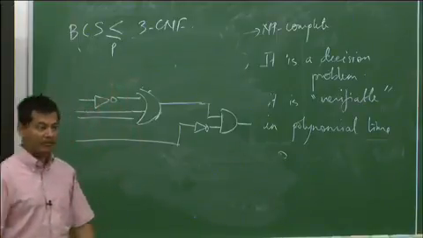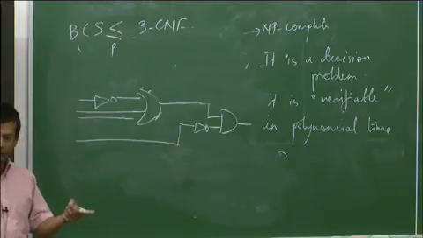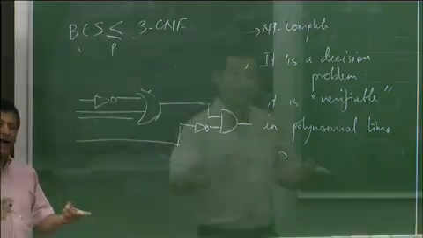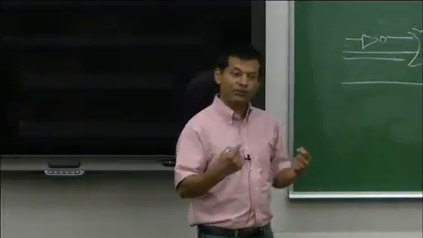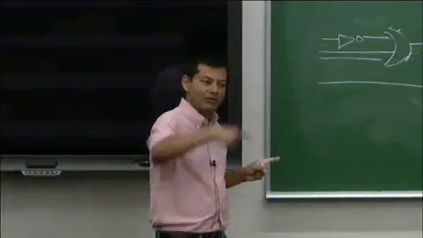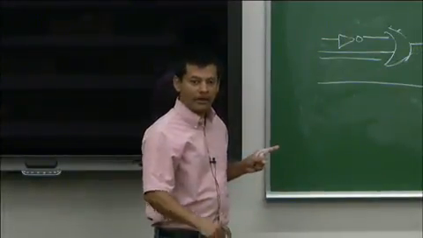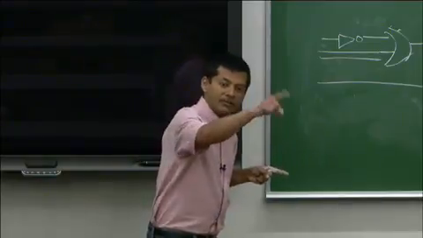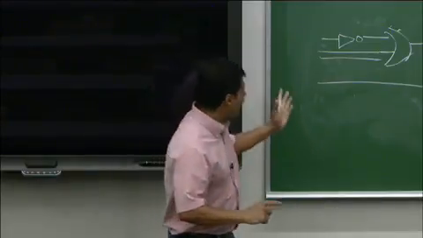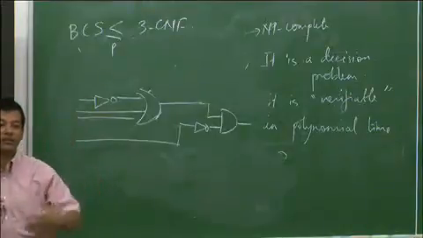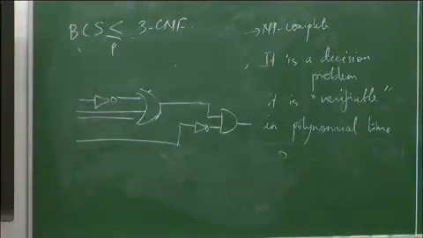This is going to lie in the 3 CNF satisfiability domain, and the important thing I need to show you is that if the answer here is satisfiable, the answer there is satisfiable. And if the answer here is not satisfiable, the answer there is not satisfiable. And the way I do this transformation has to be in polynomial time. These are the requirements.